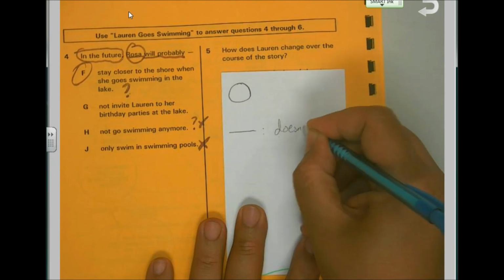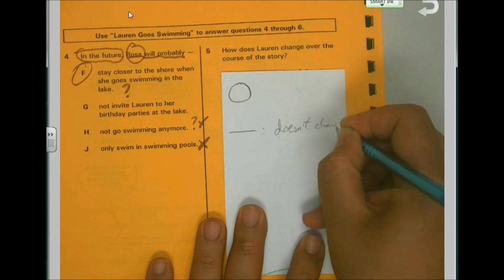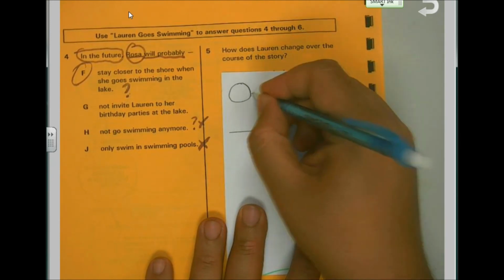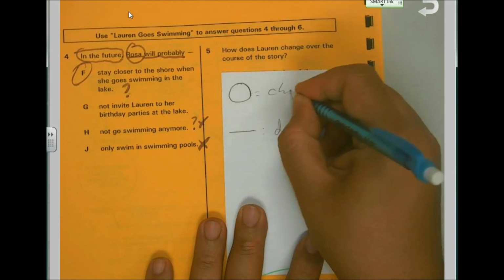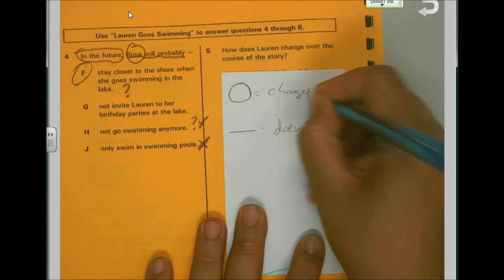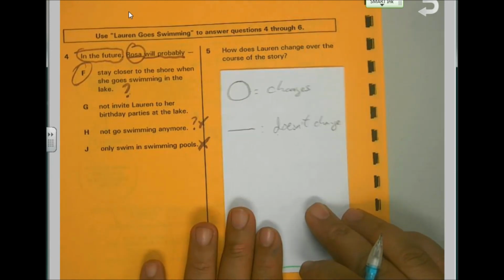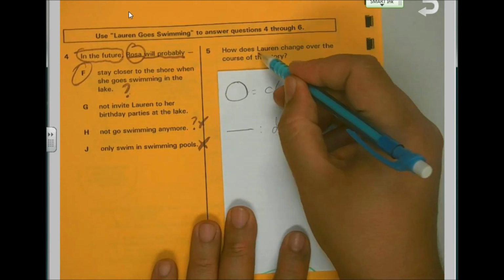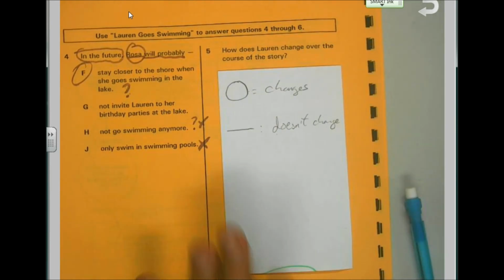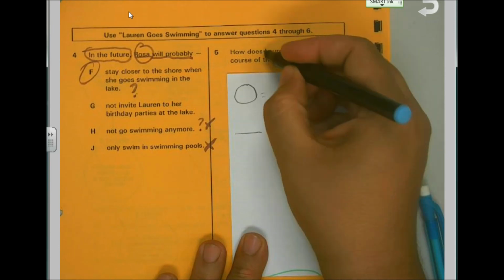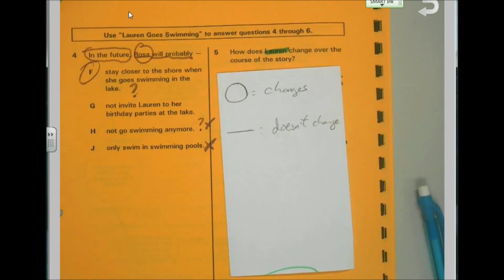Stays the same. And a round character changes. Okay? So, here the question is, how does Lauren change over the course of the story?